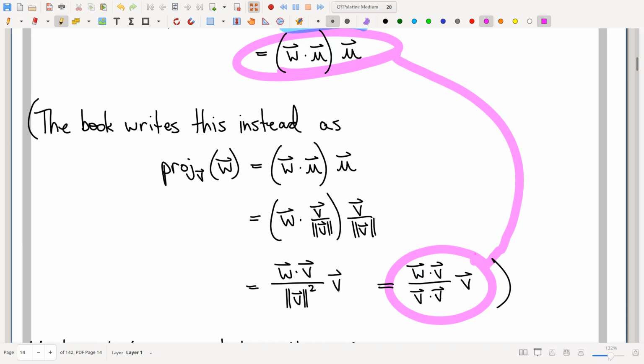And really the best way to think about a direction, the most natural way, is a unit vector. Not an arbitrary V vector that we pulled out of a hat for no reason. Unit vectors: canonical, natural. Right? So I like my answer in terms of unit vectors because that's intrinsically natural to the question.